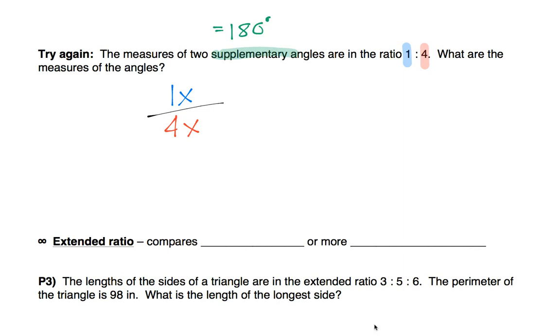So that's 1 over 4. Maybe that's 2 over 8. Maybe that's 10 over 40. Maybe it's 100 over 400. What is this x value that's going to turn this 1/4 into an equivalent fraction so that when we add them up, they equal 180?